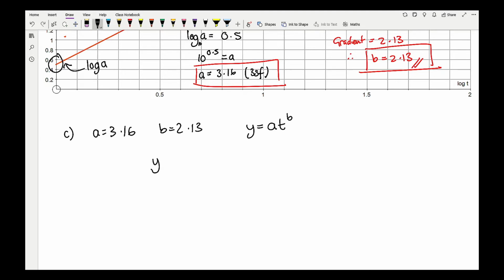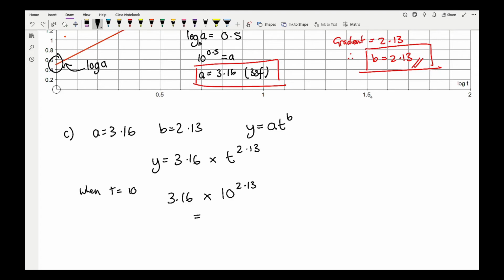So the actual formula is Y equals 3.16 multiplied by T to the power of 2.13. Now the question's asking how many subscribers did he have after 10 days. So when T equals 10, all I'm going to do is substitute into this formula. So I've got 3.16 multiplied by 10 to the power of 2.13, and I type that into my calculator, which I'm going to do right now.